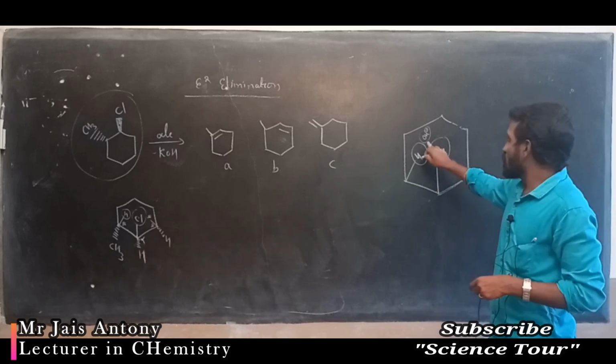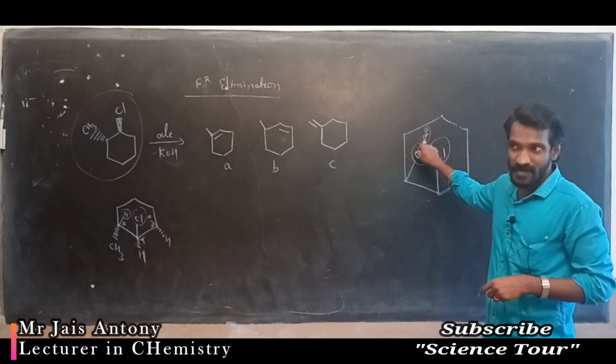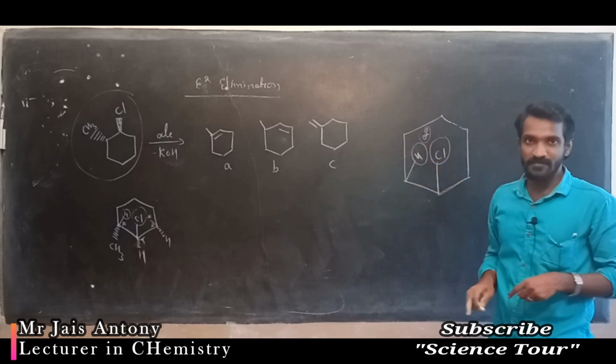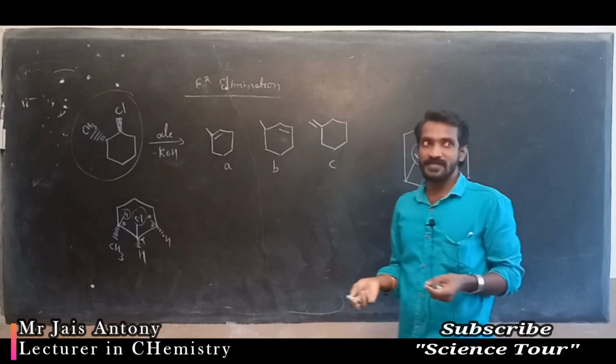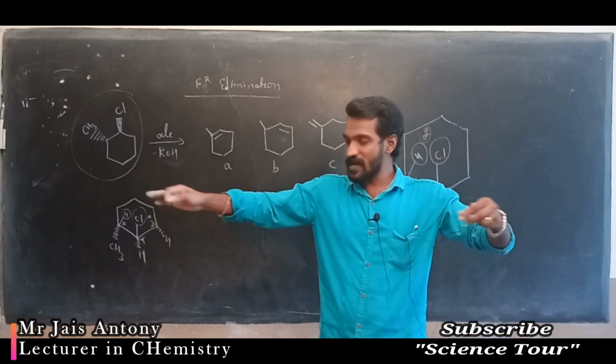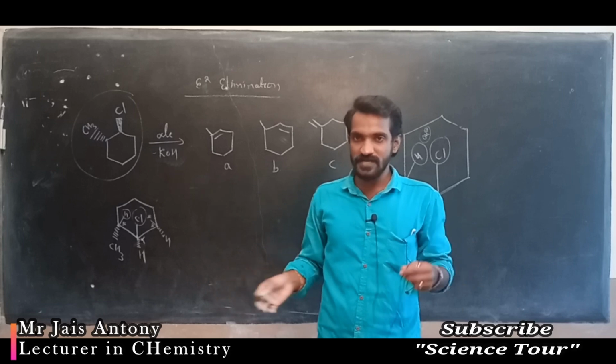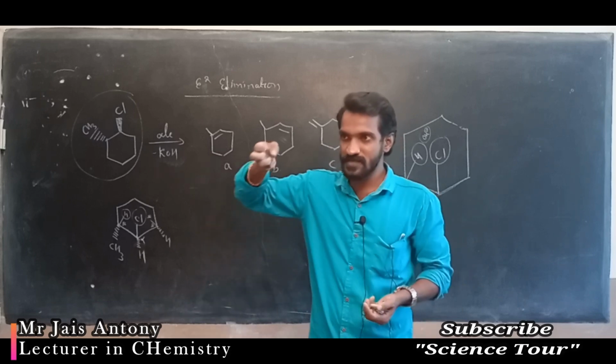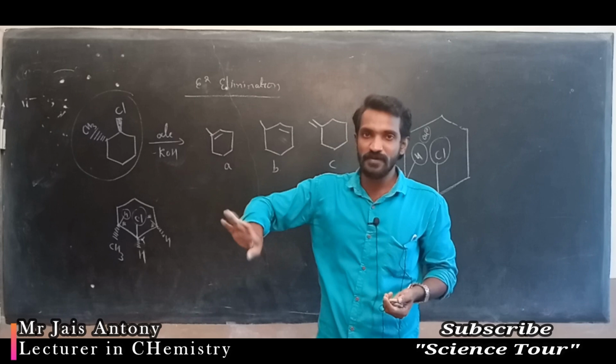So it is not possible for a base to abstract H here. It is like a place full of electron cloud, and one person is trying to take away one thing; because of repulsion it is not possible.